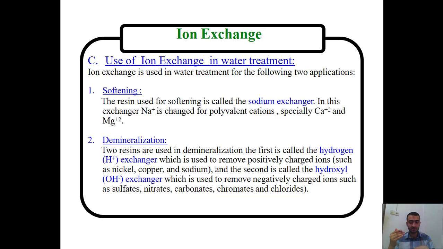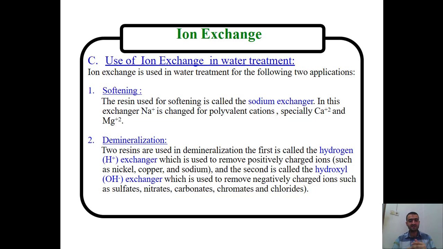Because it is used to remove calcium and magnesium. Normally we use the sodium exchanger because sodium is released into the water, and it won't be so harmful like the others. One of the most efficient exchangers used for softening is the sodium exchanger.